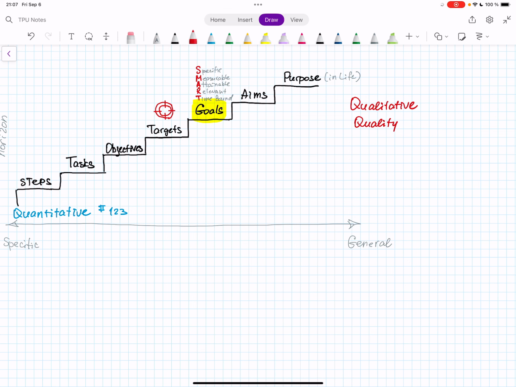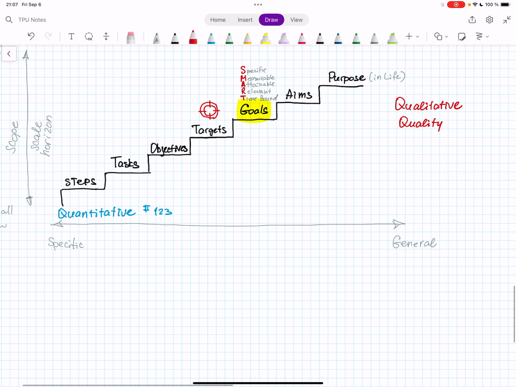Quantitative comes from the word quantity. So when you think about quality, you use different terminology than when you talk about quantity.